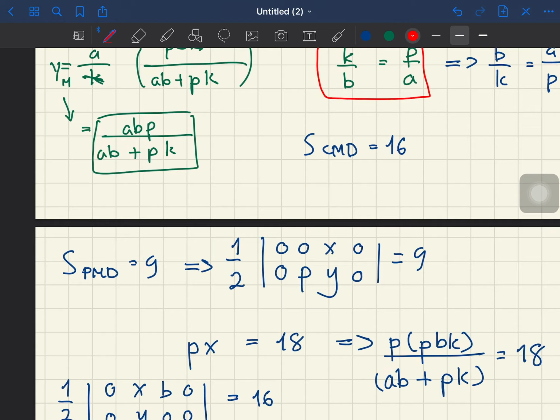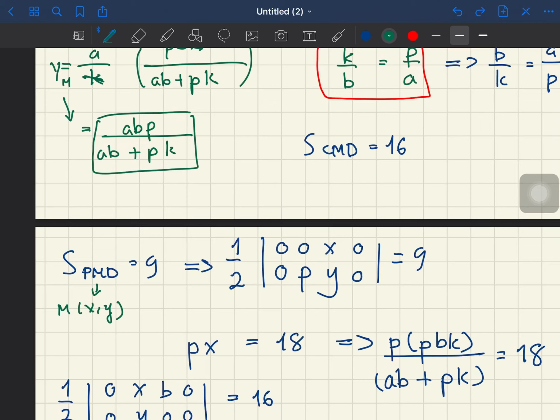So we just use the points of PMD. D is the origin, and then M has XM and YM, but in this case, I use the coordinate of M as XY, as you can see here.